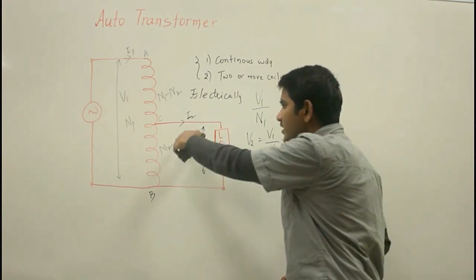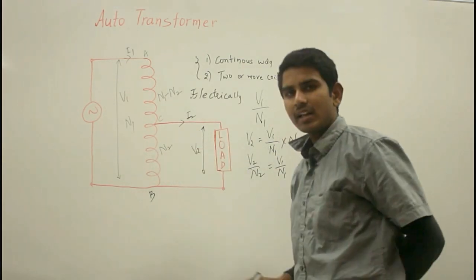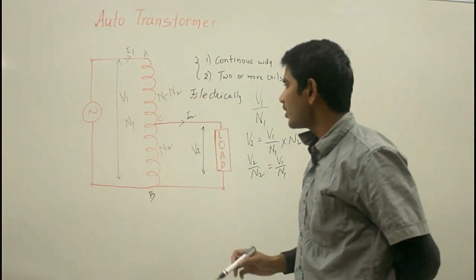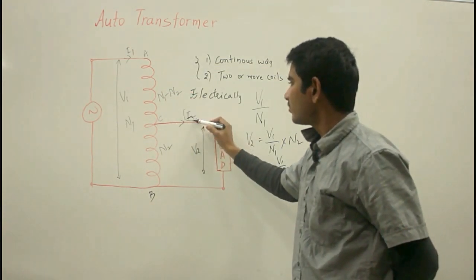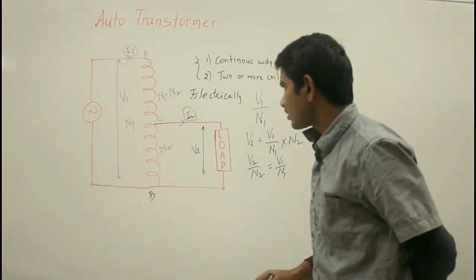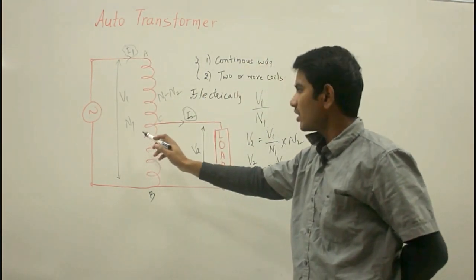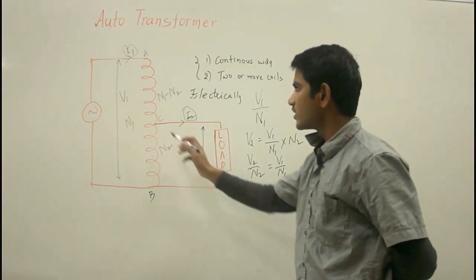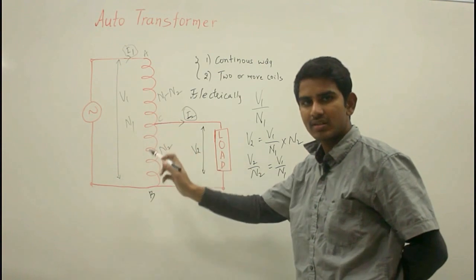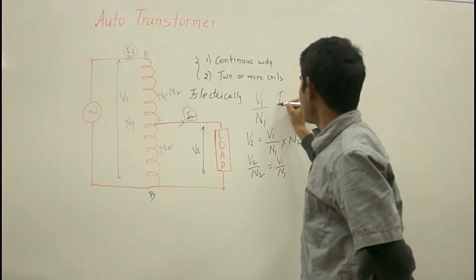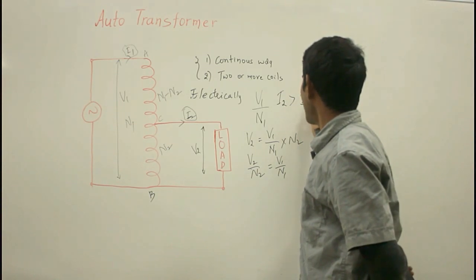As the ampere turns in the secondary are opposite to the ampere turns in the primary, the current I2 is in phase opposition with the current I1. Basically this transformer is a step down transformer, meaning the voltage V2 is lower than V1. That automatically implies that the current I2 is higher than the current I1.